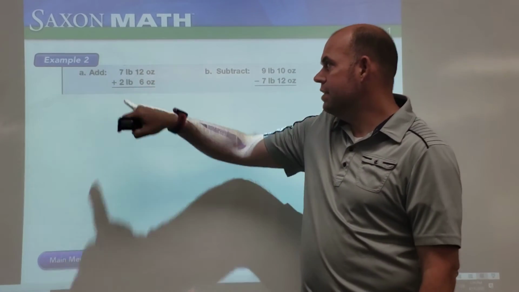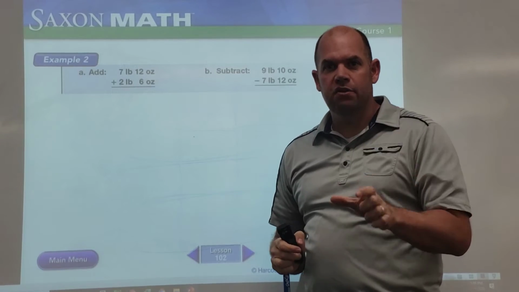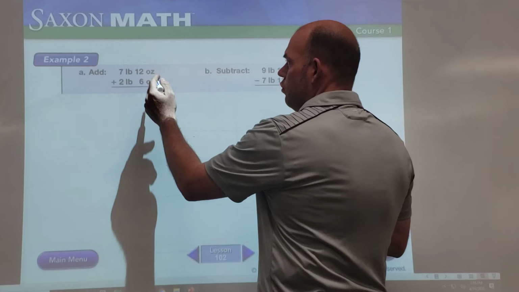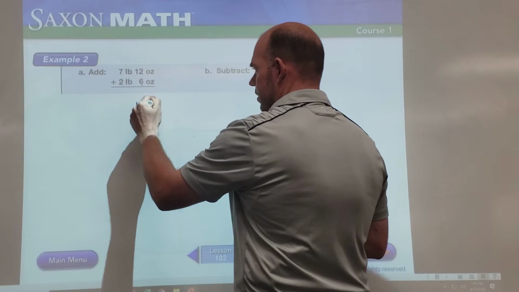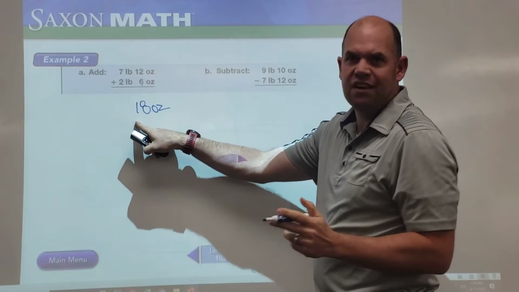Let's start with an addition problem. In weight, we want to start with the smallest measurement first, so we start with ounces and then go to pounds. 12 ounces plus 6 ounces equals 18 ounces. Remember, 1 pound is 16 ounces, and that's more than that.